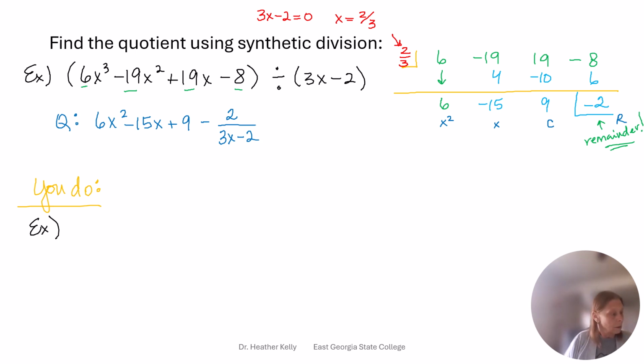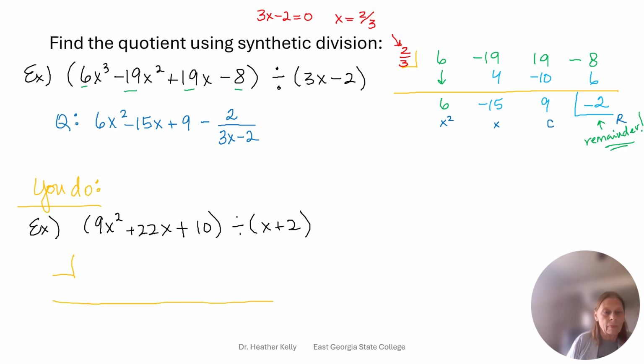We've got 9x squared plus 22x plus 10. We'll divide that by x plus 2. Okay, so I'm just going to show the setup real quick and give you a couple of minutes to do this problem.